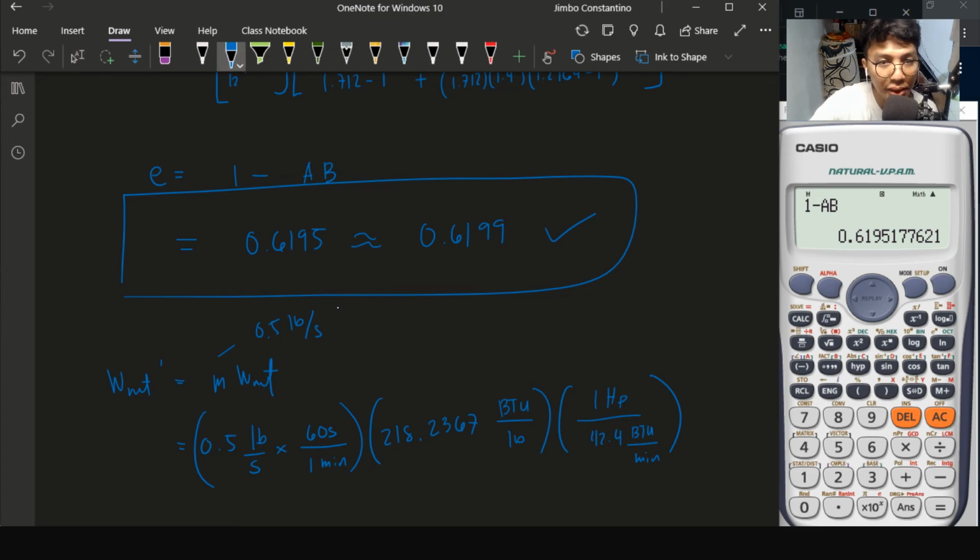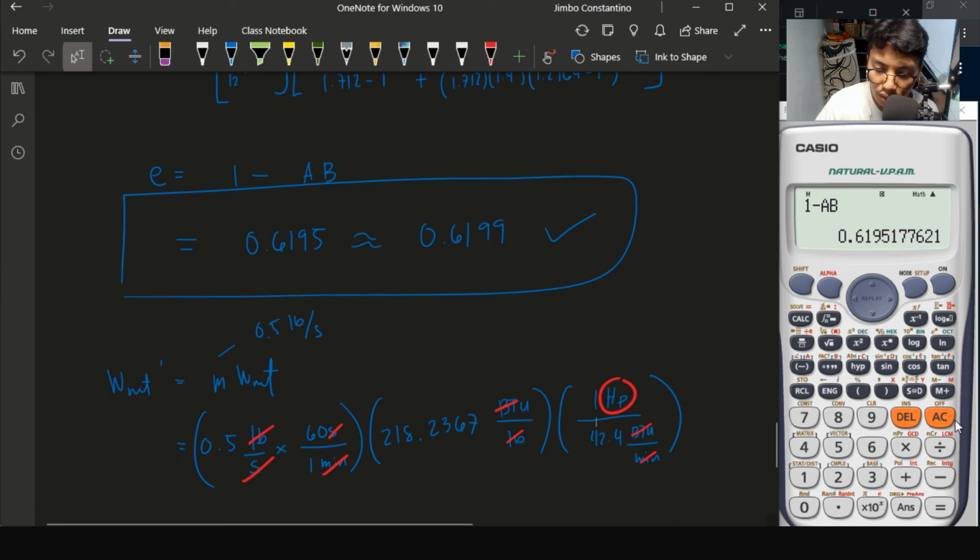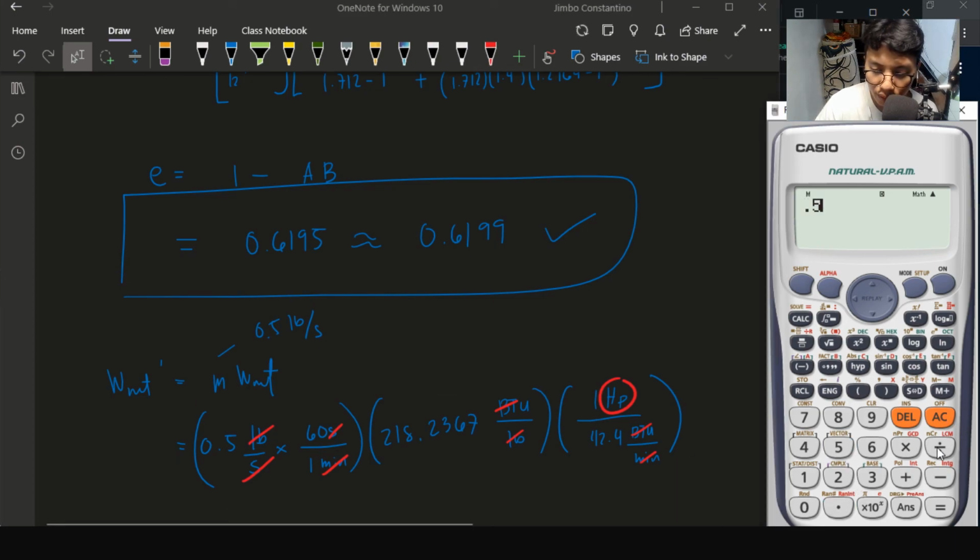So, cancel all the same units na meron tayo: seconds, minute, BTU, pound, BTU. Ang natira is HP. So, that is 0.5 times 60 times 218.2367, divide ko na lang ng 42.4.